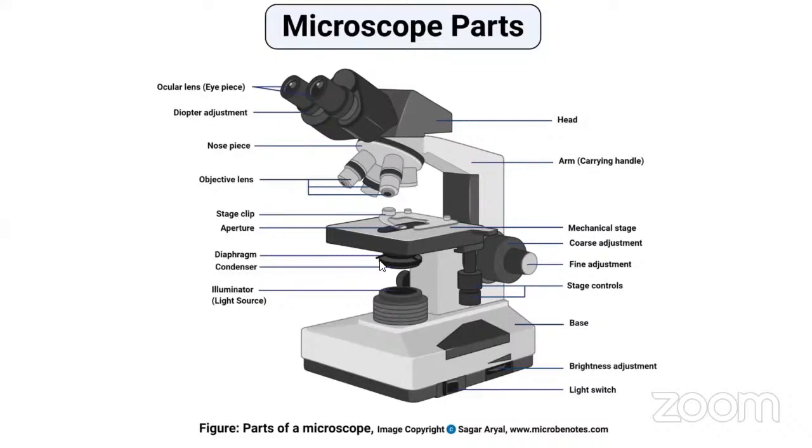Then the condenser, which is present below the diaphragm. What it does is that it controls all the light wavelengths so that the light can come out in a single ray and fall on the object, and then it can be visualized through the objective lens. Then there is the illuminator, through which the light source comes out.